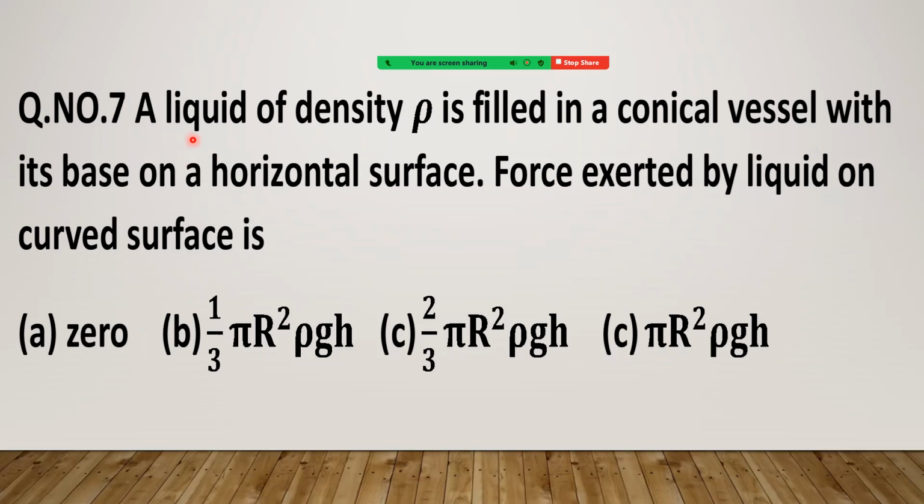A liquid of density rho is filled in a conical vessel with its base on a horizontal surface. Force by liquid on curved surface is. Let us see how to start.